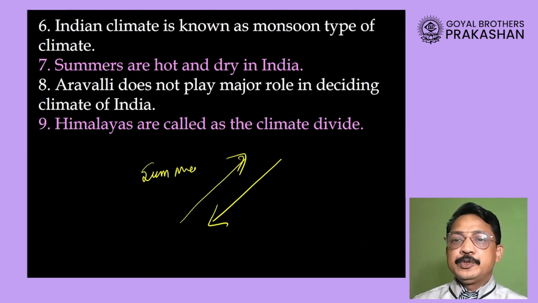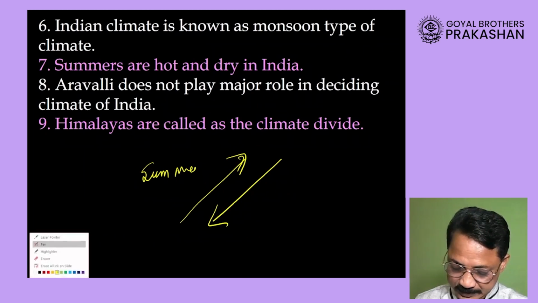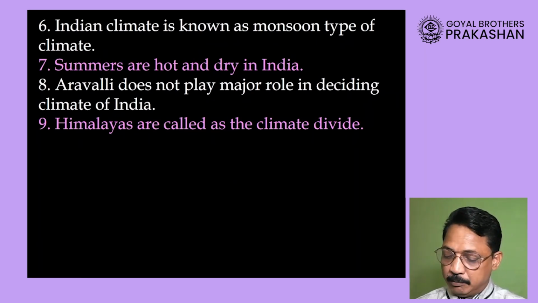So monsoon means season. During this season there is a reversal of the direction of winds. Therefore Indian climate is known as monsoon type of climate.